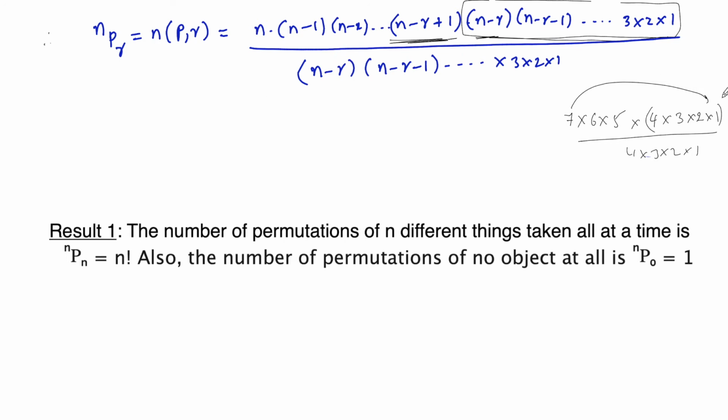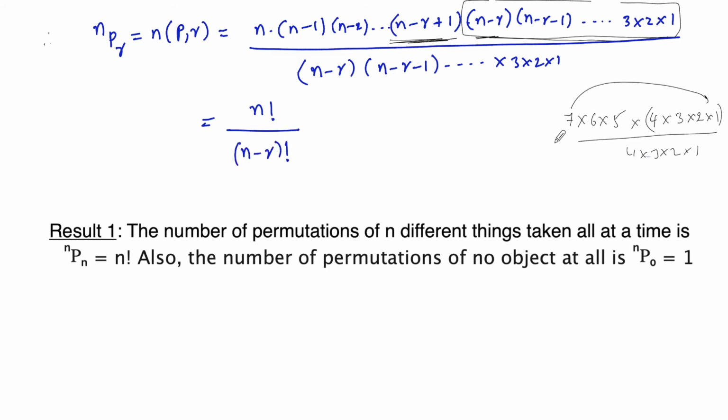So now it's a product of 1 into the numerator, if you see 1 into 2 into 3 into and so on up to n numbers, means it's a product of first n natural numbers. So we can write this as n factorial, and the denominator we can see 1 into 2 into 3 into and so on up to n minus r numbers, that is n minus r factorial, right?